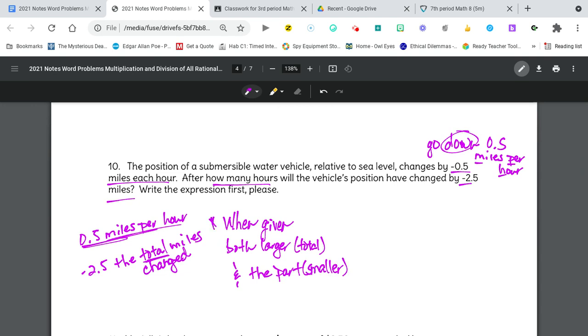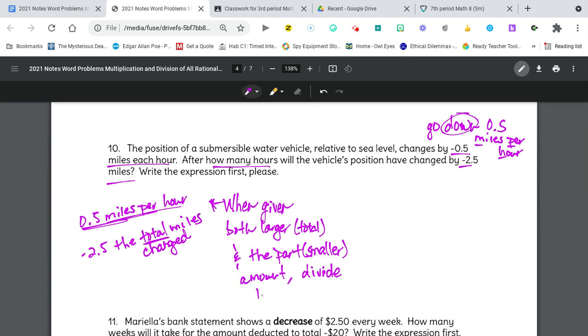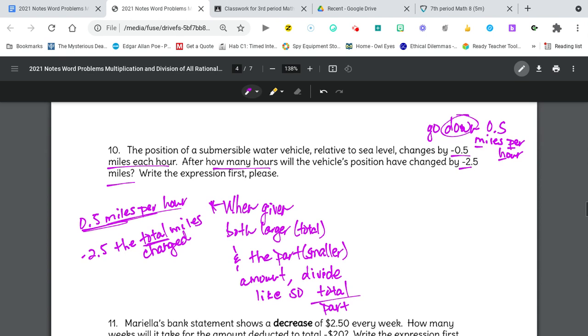You might want to write this down: when given both the larger, the total, and the part, which is a smaller amount, divide. You're going to take the total and divide it by the smaller part, okay?